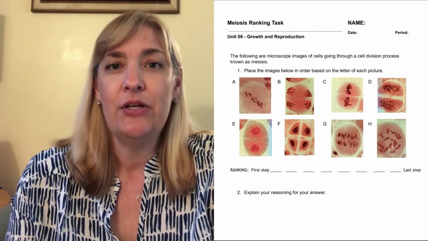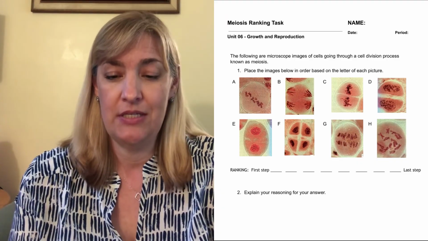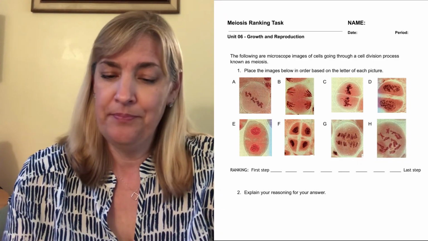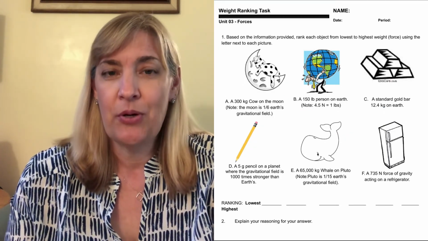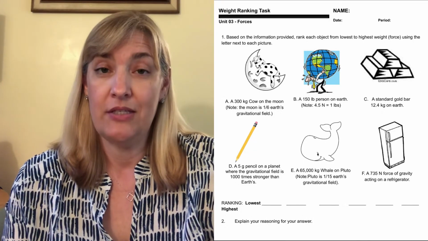I've also utilized these ranking tasks in biology. Another example that I have to share with you is the students have to take a look at pictures of the cell and evaluate the different stages of meiosis and then place them in the correct order.